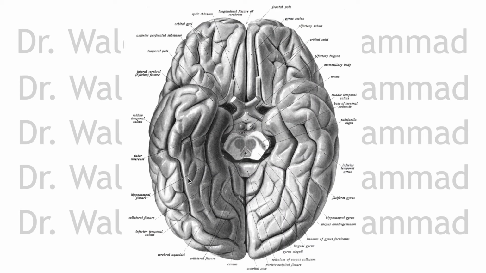Okay, this is the inferior surface of the cerebral hemispheres. This is the temporal pole, the pole of the temporal lobe. This gyrus, the most medial one, is called the hippocampal gyrus, and its tip is called the uncus. If you dig here, you will get into the inferior horn of the lateral ventricle of the brain, and the hippocampal formation.